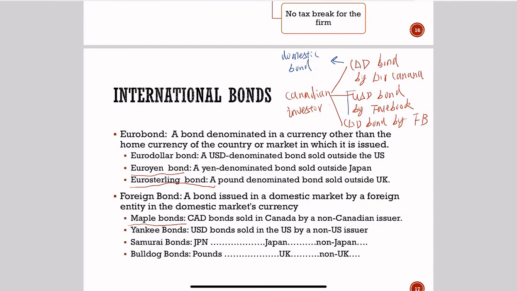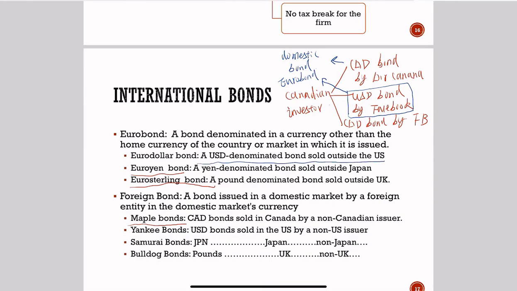It's a bond denominated in US dollars issued by Facebook. So Facebook is a US firm. And in this case, it's a Euro bond, because it is a USD denominated bond sold outside the US.